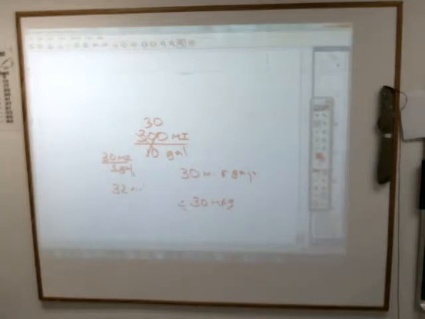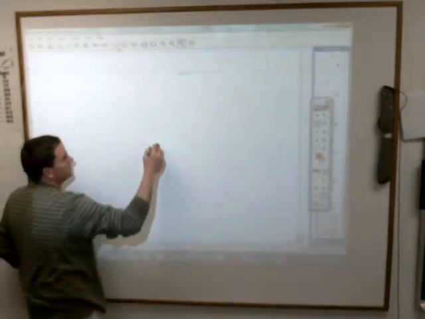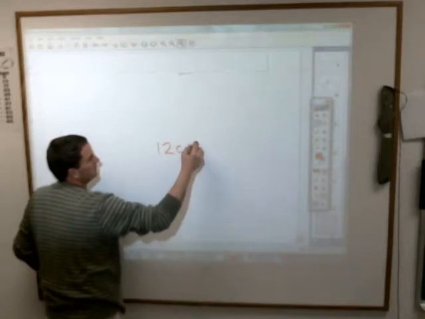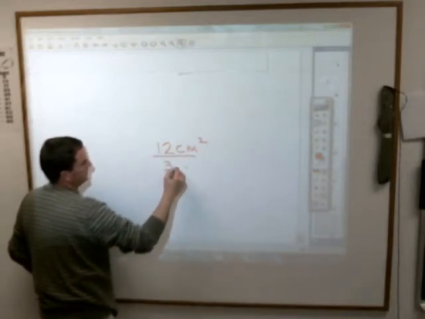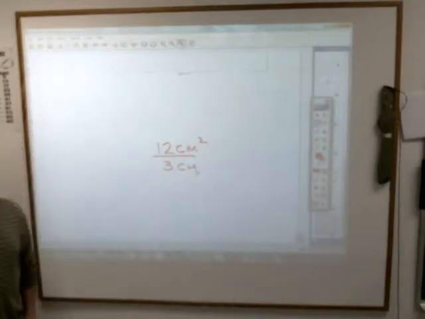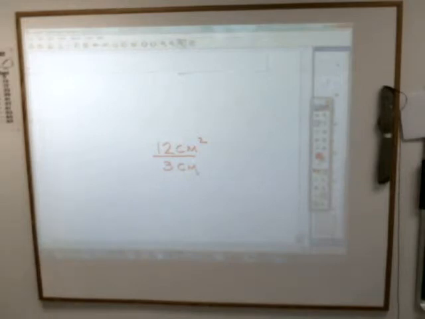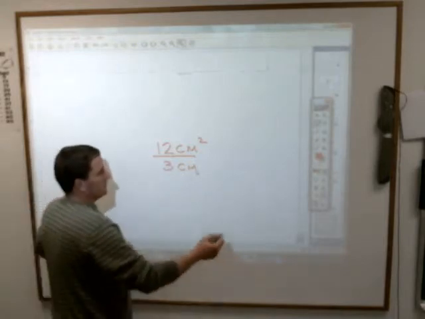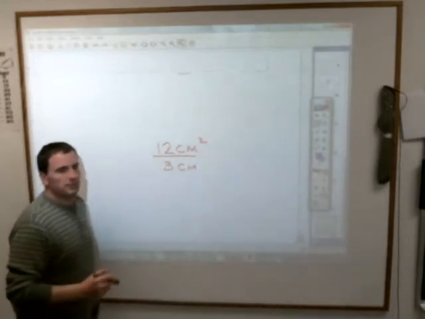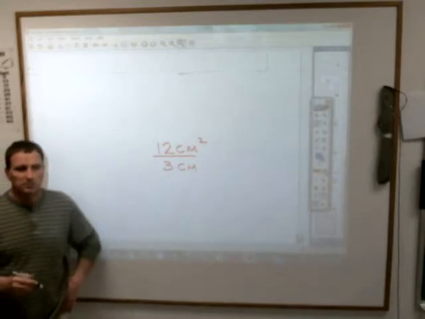12 centimeters squared over 3 centimeters, what would that be? If you were asked to simplify that, what would you get for an answer? Somebody help me out here.